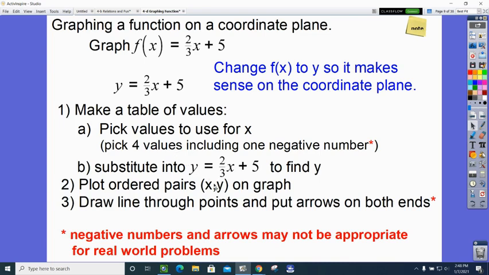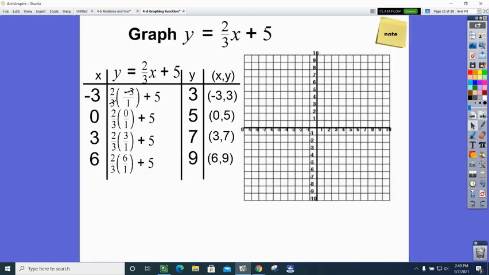You take your 4 values, you substitute for x, you do the math. You may use a calculator to check yourself. And then once you plot those points, they should fall on a line. If they don't, you either did bad math or bad plotting. Draw your line, put your arrows on both ends, and you have just graphed a linear function.